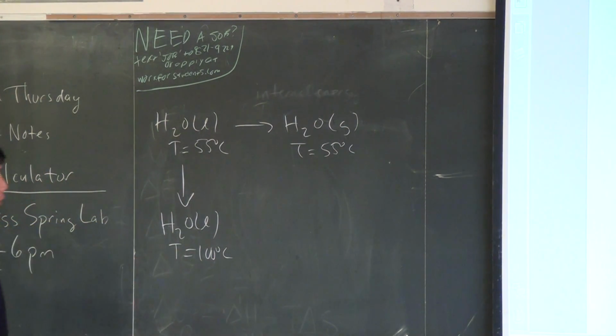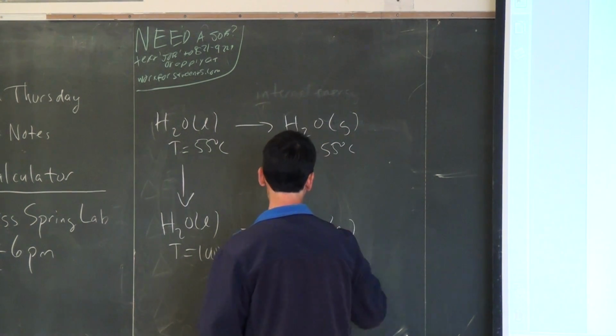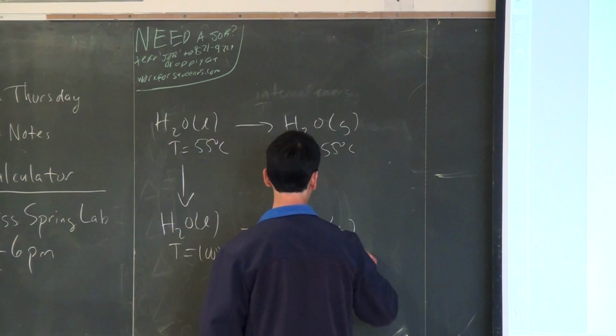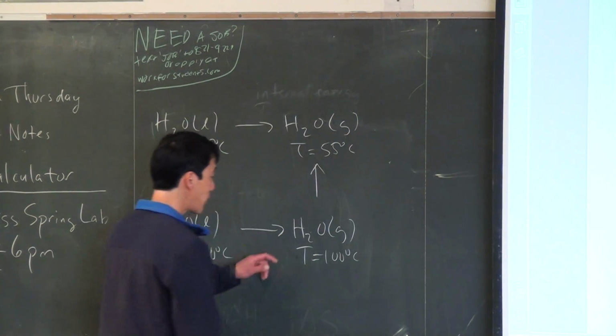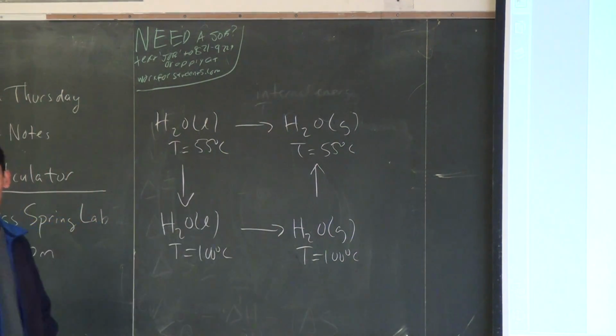Then once you get to 100 degrees, the H2O liquid boils or vaporizes. And then once you have the H2O gas at 100 degrees, it cools down to 55 degrees. So this is another path you can take to do this calculation.